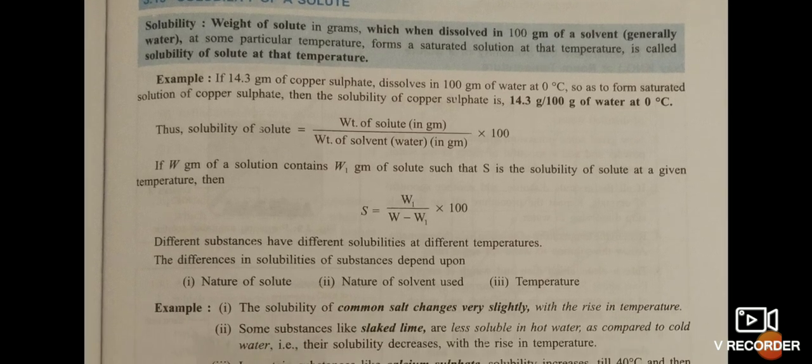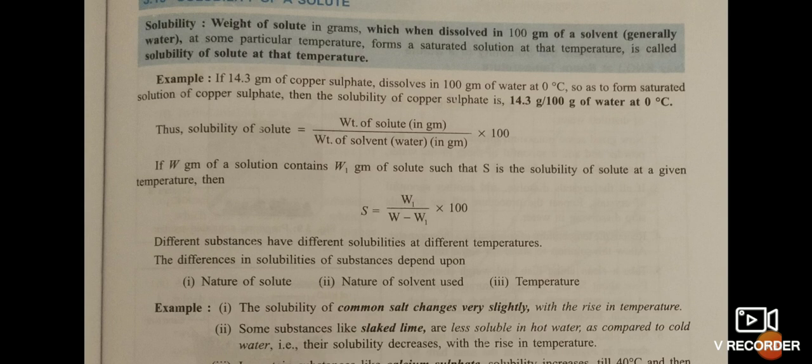Like if W gram of solution contains W1 gram of solute, such that the solubility of the solute is capital S at a given temperature, then S is given by W1, that is weight of solute, upon W minus W1, that is weight of solution minus weight of solute, because weight of solution minus weight of solute will give you the weight of solvent, into 100.